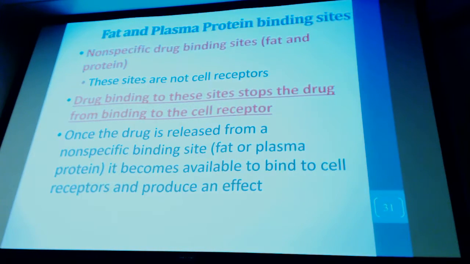Okay? So some chemicals have an affinity for fat. Those chemicals will react to that fat magnet and hold it. Some have an affinity for protein. You all have protein circulating in our bloodstream. Boom, it hooks onto it. And then it slowly releases it. It's not till it's released that it's active.